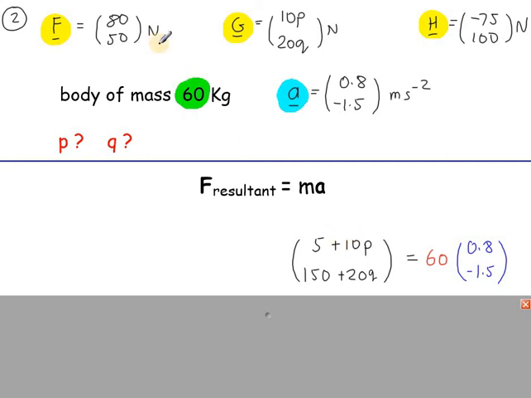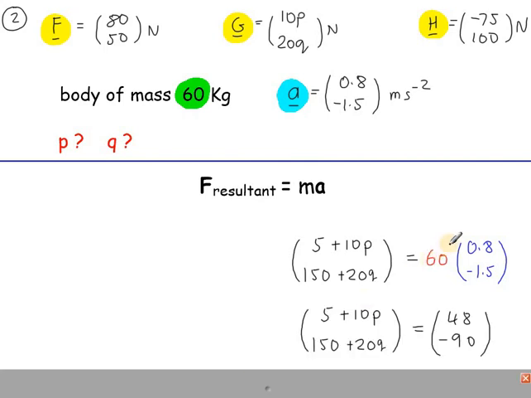So the x component for the forces, so we've got 80 plus the minus 75, so that's 5 so far, plus 10p, there we go. And the y component, so we've got 50 plus the 100, that's 150, plus 20q, here we go. So resultant force equals mass there times the acceleration.